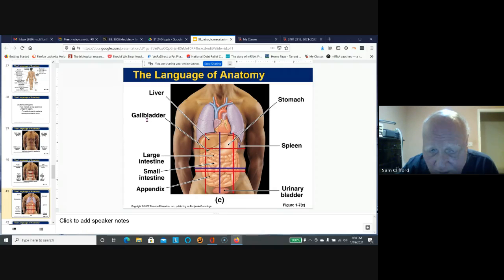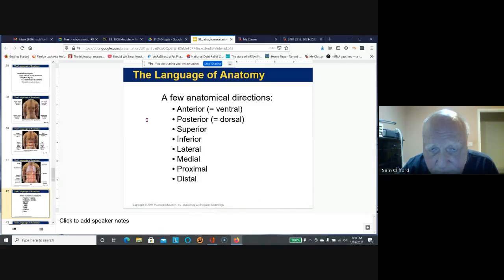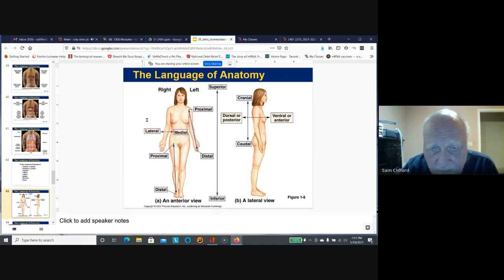Have an idea where the various organs are? Okay. You should know these terms. Take a look at those. So obviously, no right and left.